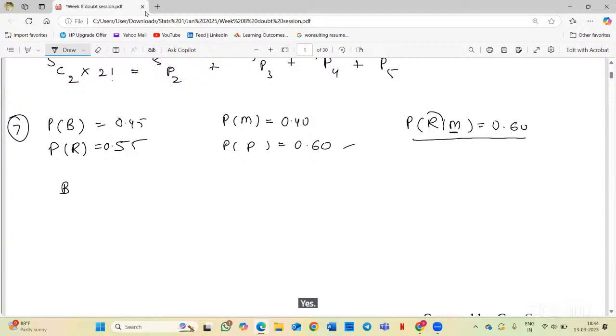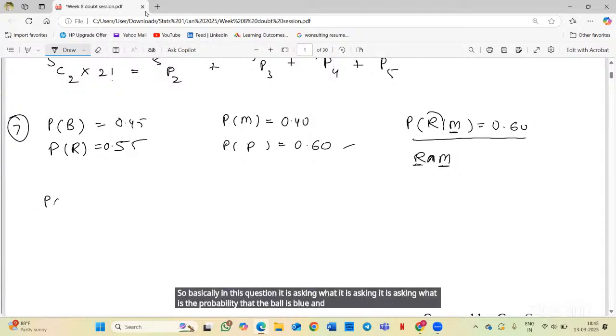What should be the notation for R intersection M? Probability of R given M. The question is asking what is the probability that the ball is blue and metallic.